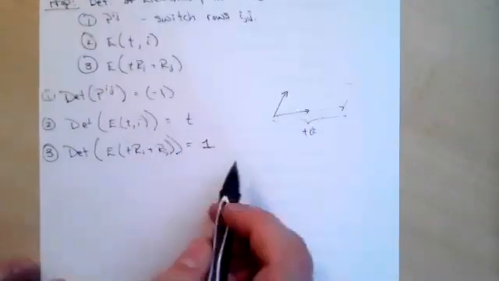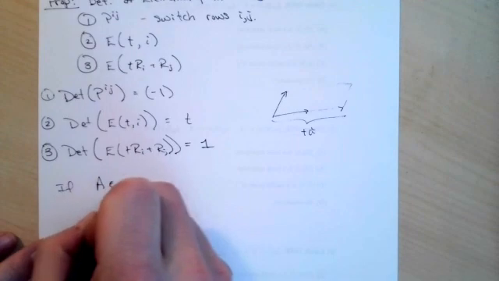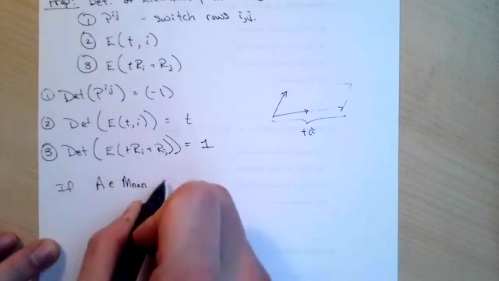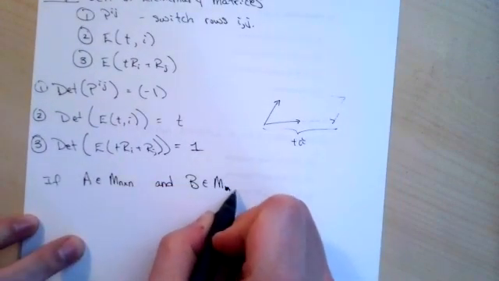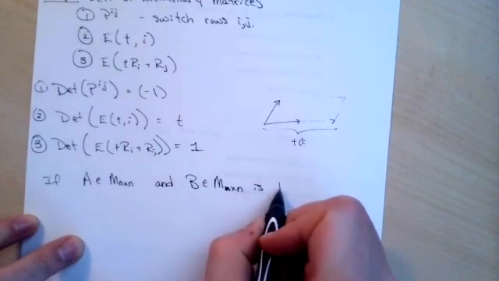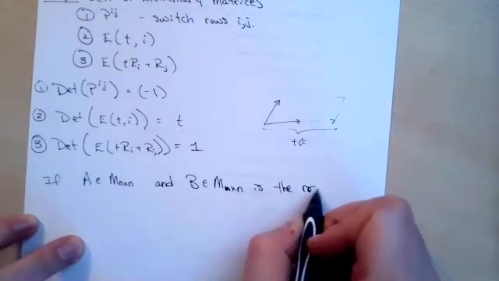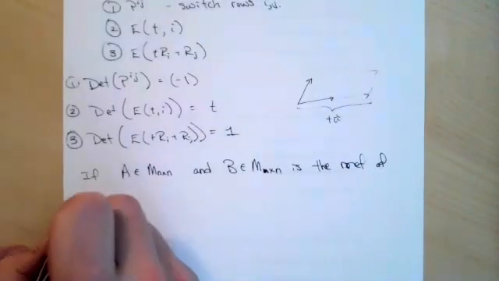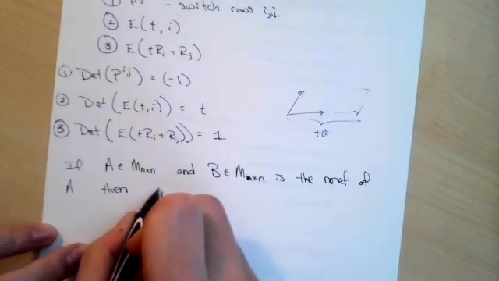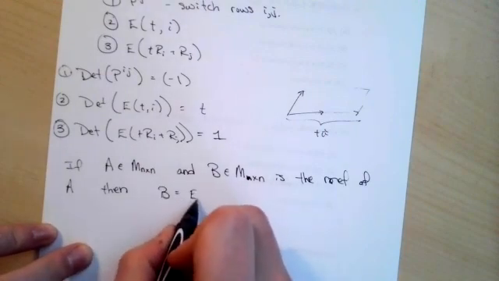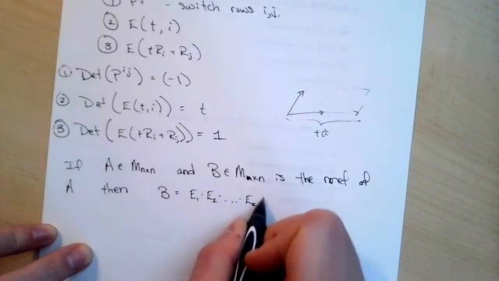Namely, if A is an n by m matrix, and B is the reduced row echelon form of A, then we know that B can be obtained from A by performing a sequence of row operations.